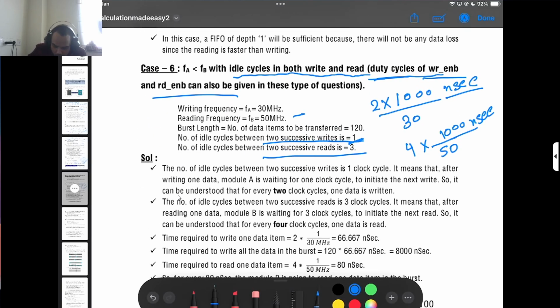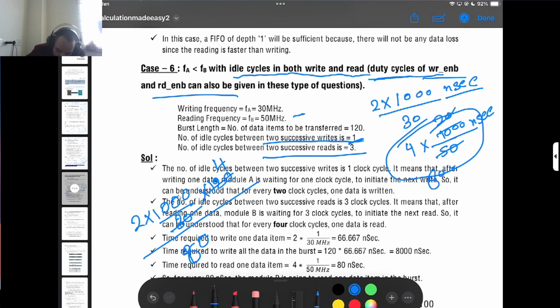Now I need to perform the calculation for 120 data. The total time required for writing the data is 2 into 1000 by 30 into 120. The time required to read one data is 4 into 1000 by 50, which is 80 nanoseconds.